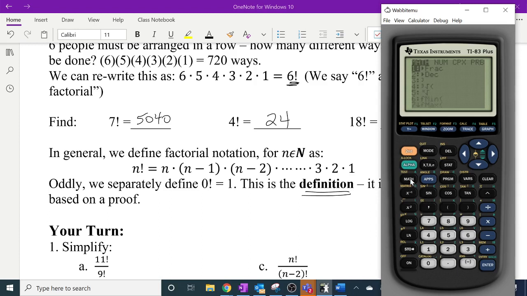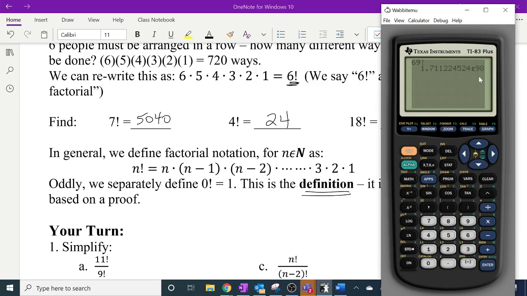I don't think you can. It's under probability, probability 4. On most calculators, it's not that many buttons to find factorial. Nope. Overflow. Too big. Okay, let's cut it down. We know it'll do 69 because that's what most calculators will do.